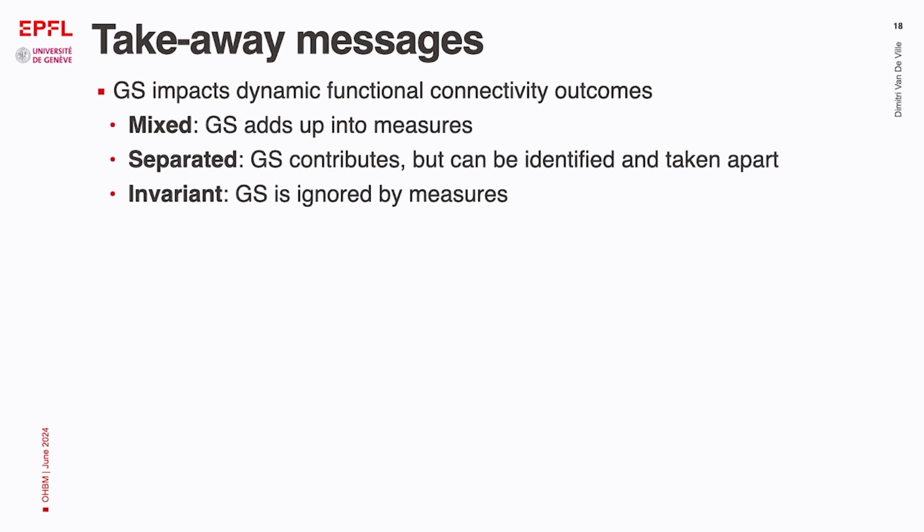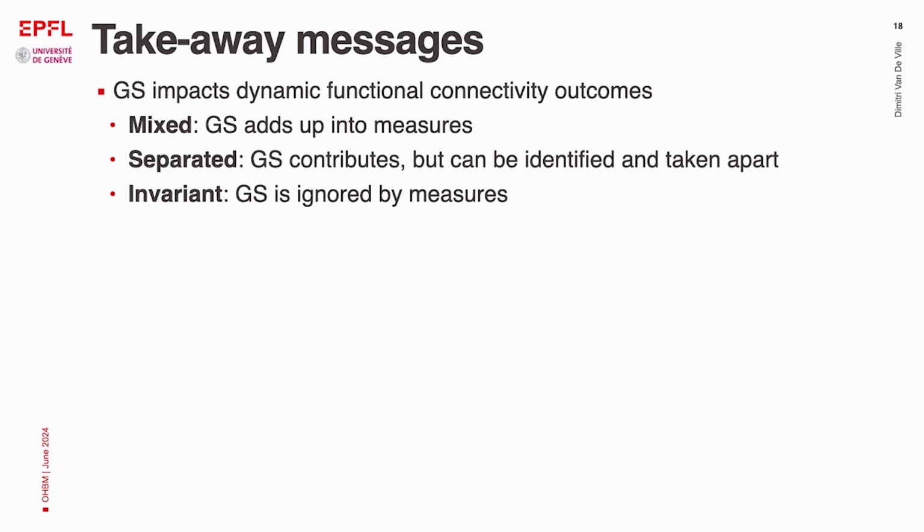So to conclude, a few takeaway messages. When you think about global signal and dynamic functional connectivity, I think it's important to look a little bit into the specific measure you're working with, as well as, let's say, the aggregation technique, which could be clustering, which could be SVD, that you're applying to these measures.